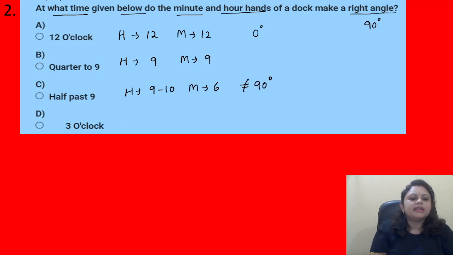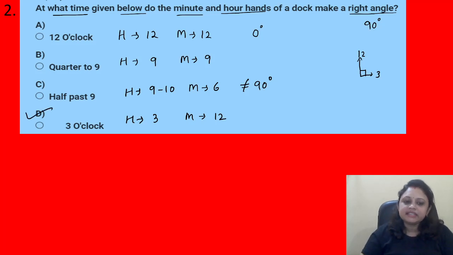Okay. Then, at 3 o'clock, the hour hand is at 3 and the minute hand is at 12, right? Here 3, here 12. So it is 90 degree. So the correct answer is option D, that is at 3 o'clock.